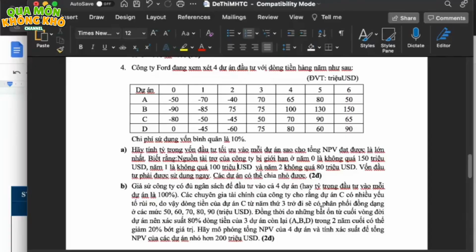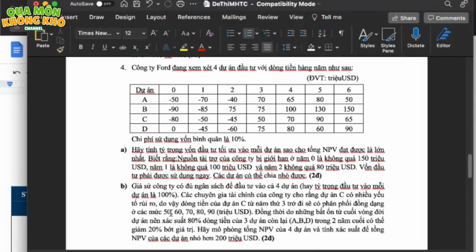So in capital budgeting, we just use the discrete uniform distribution. And as you can see, the company has a discrete uniform distribution from 50 million to 90 million.